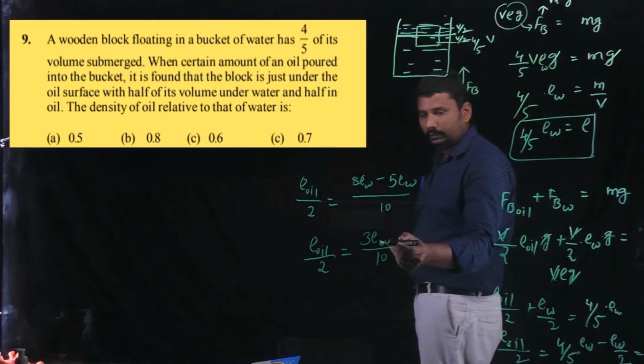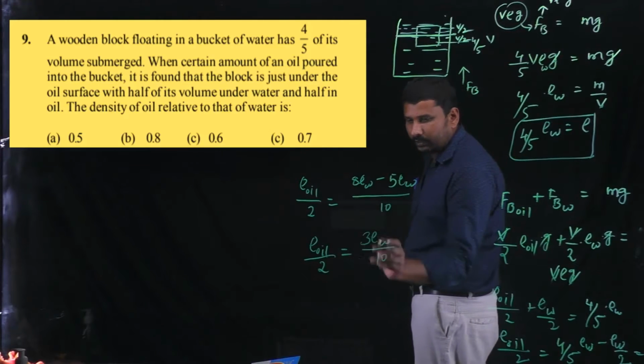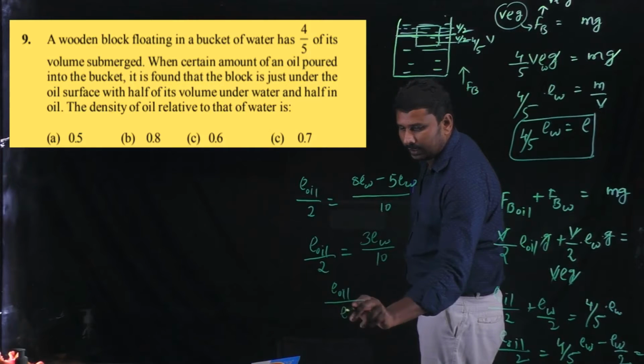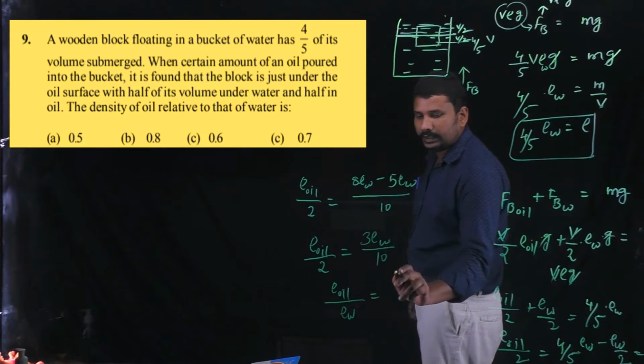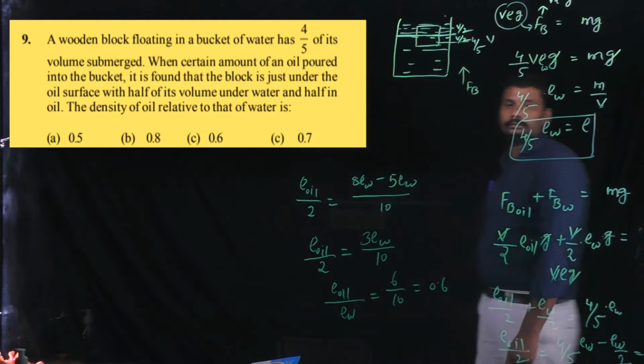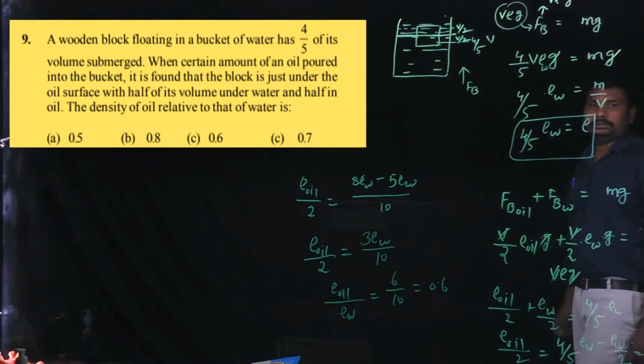Now the density of the oil with respect to the density of the water is 6 by 10, which equals 0.6.